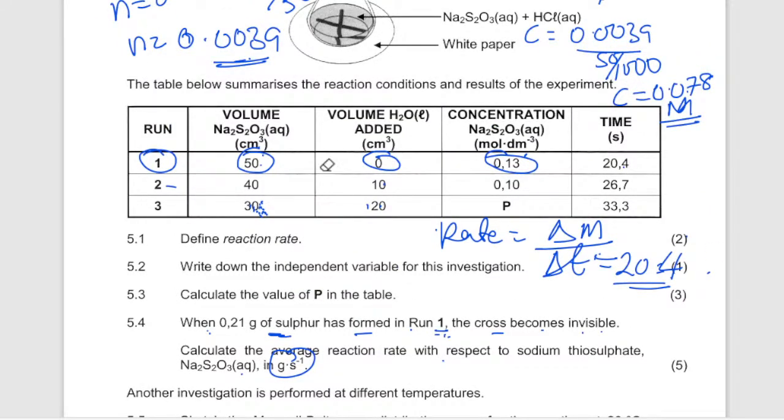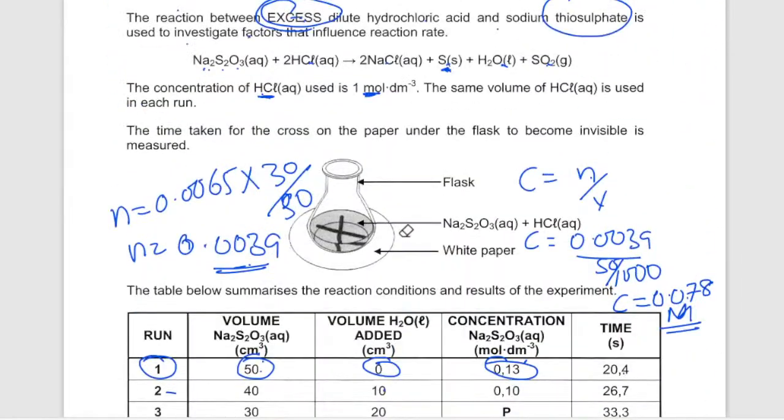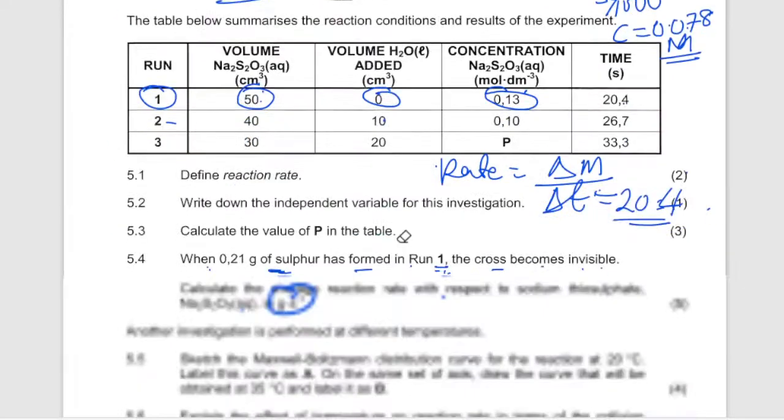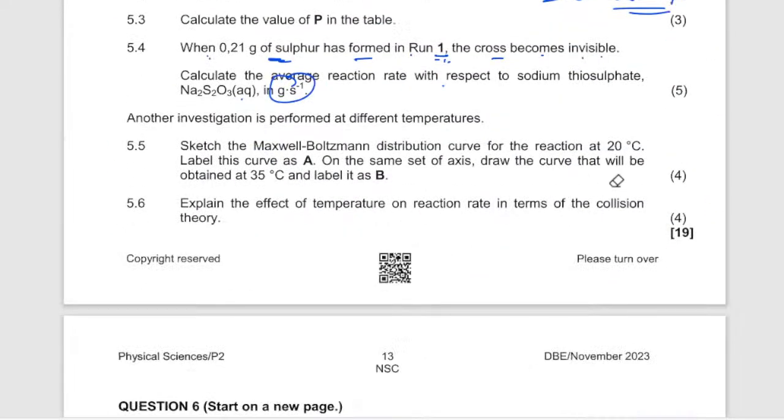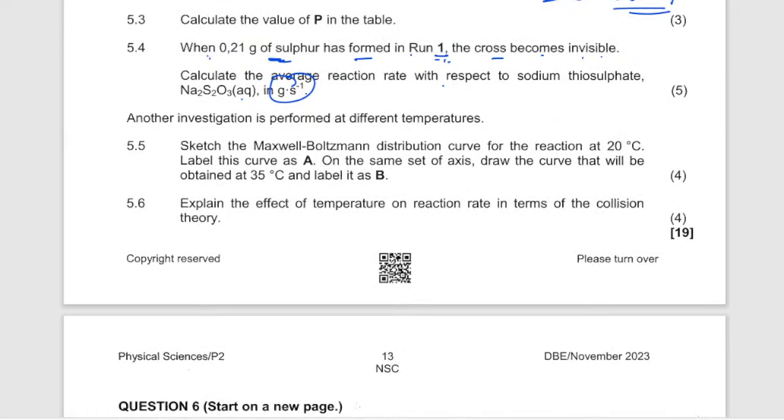20 degrees C, where is it? Okay, it means here. So 20 degrees C, and then label on the same axis the curve obtained at 35 degrees C. In this case, you are increasing the kinetic energy.